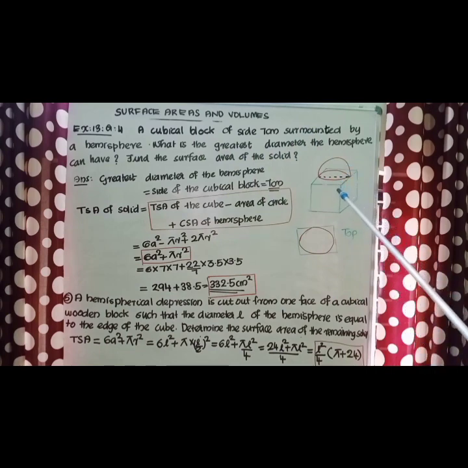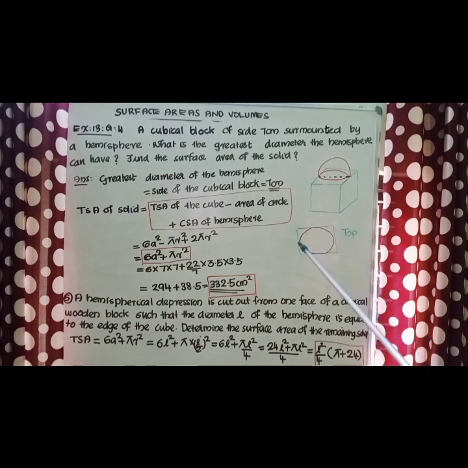So the solid is a cubical block and a hemisphere is surmounted. So we need to find out the area of this cubical block and the area of hemisphere. You see, the 5 faces are visible in this solid, but the top portion I have drawn separately here.